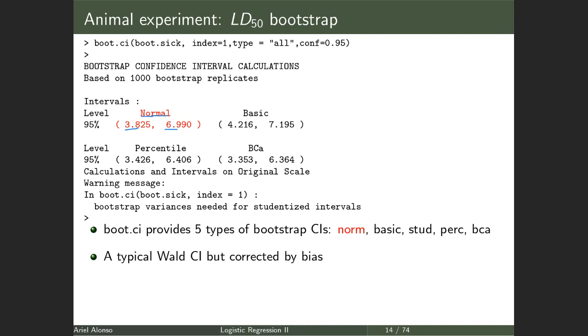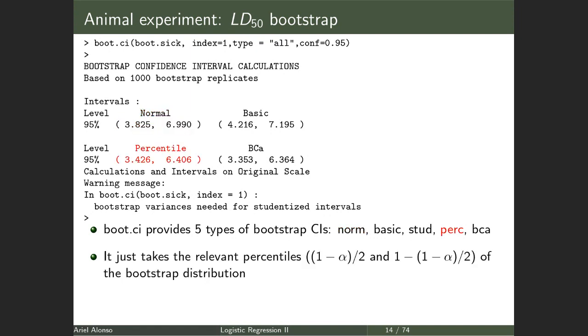There is a little correction here, the bootstrap procedure corrects for bias. If you use just the normal procedure, you will see that it is slightly different, but it is more or less like a Wald confidence interval. The one here, the percentile confidence interval, you see that it's slightly different from the previous one. It just takes the relevant percentiles.